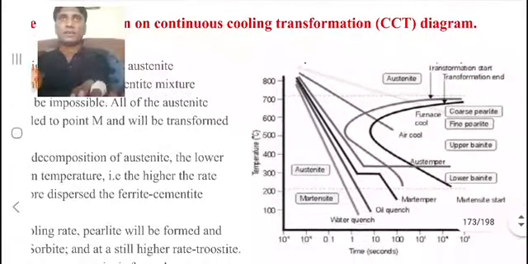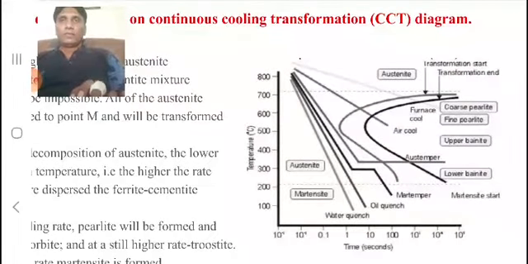This diagram shows that the top line indicates slow cooling, and if it is a further high rate of cooling, then the bottom line, and further high rate of cooling, then it is slightly escaping the nose, and at a further higher rate of cooling, it is totally away from the nose of the curve.